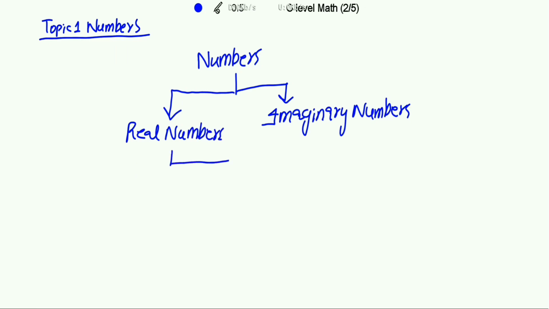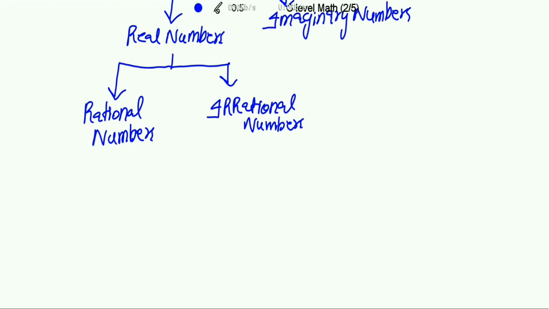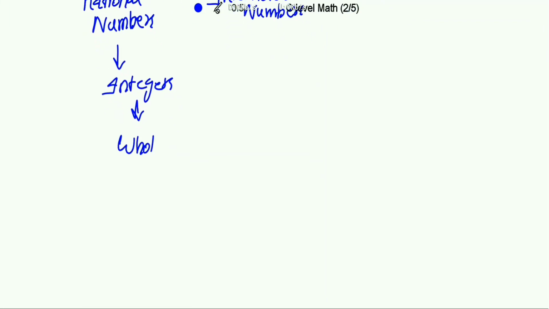Real numbers can be broken down into irrational numbers and rational numbers. Rational numbers can be further broken down into integers. Integers can be broken down into whole numbers, and whole numbers can be broken down into natural numbers.